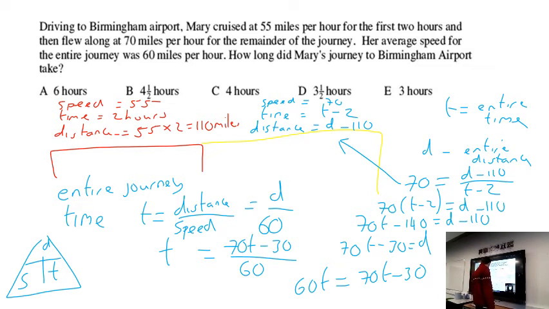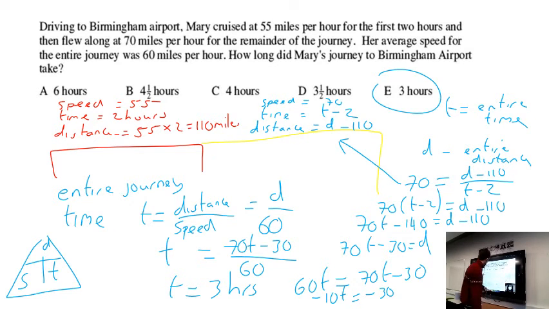So this is going to be negative 10t is equal to negative 30. And our t value is equal to, so divide by negative 10 both sides, so t is equal to 3 hours. Okay, so t is equal to 3 hours.